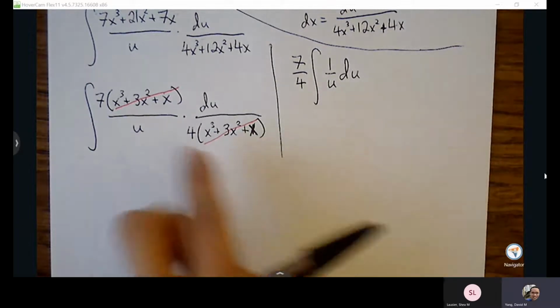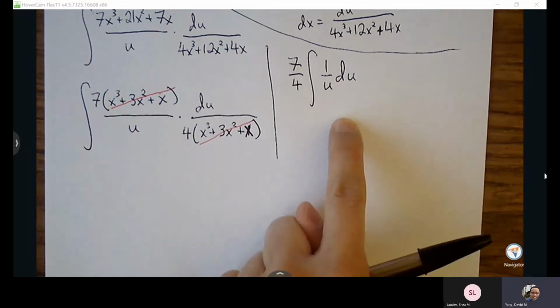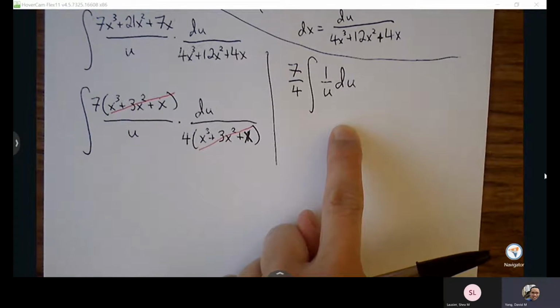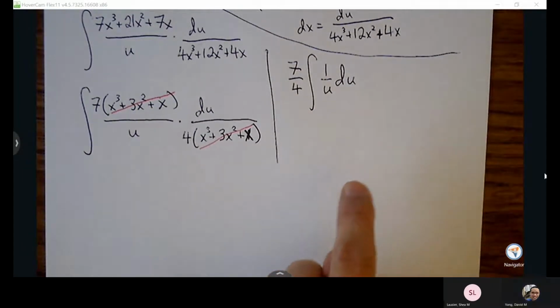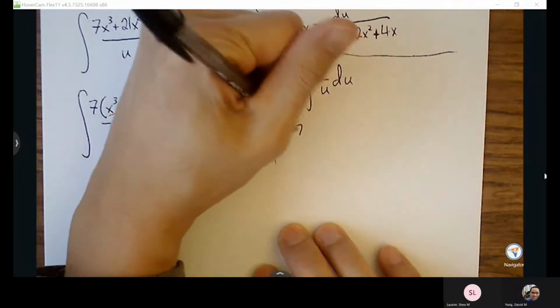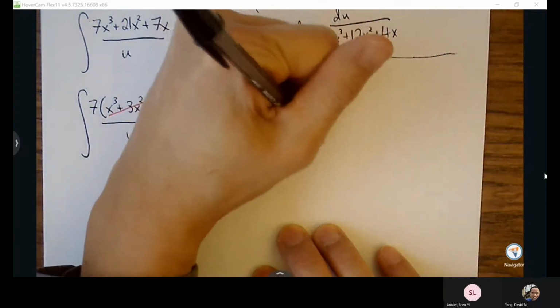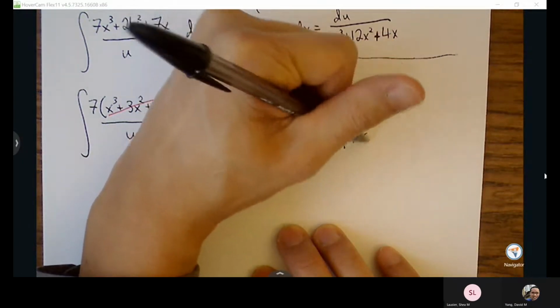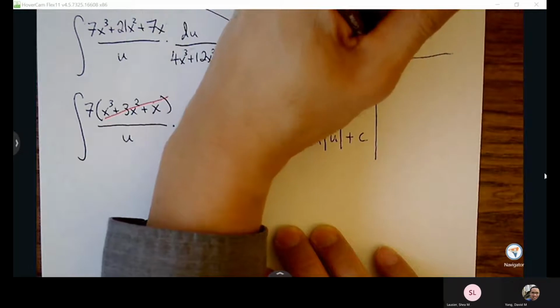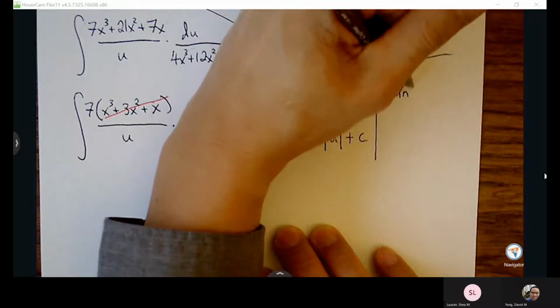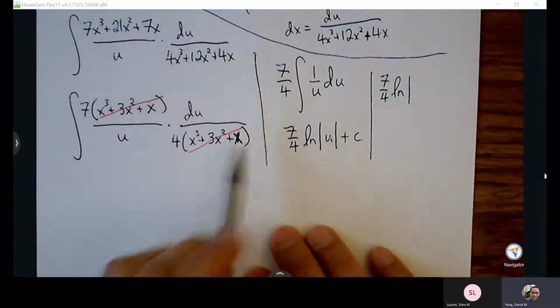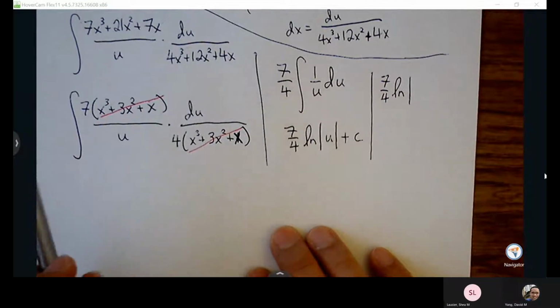Any questions from within the first 3 steps here? Getting all that cleaned up nicely. Okay. Okay, replace the u back in terms of x.